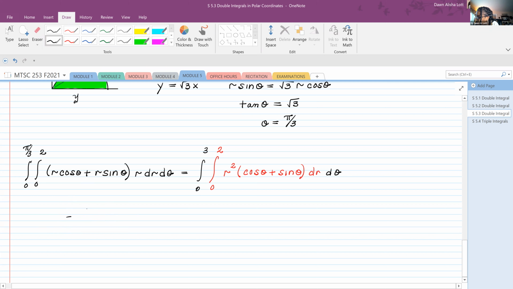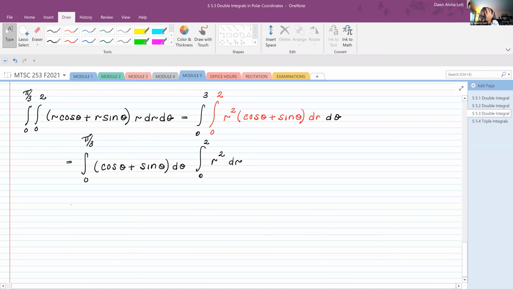So I can do the integral from 0 to pi over 3 of cosine theta plus sine theta d theta times the integral from 0 to 2 of r squared dr. I can do that only because they completely separate.